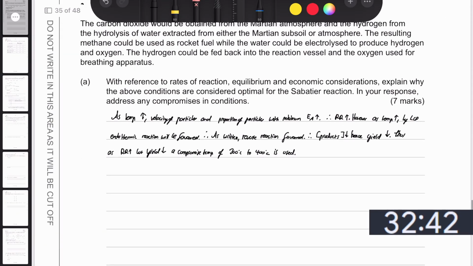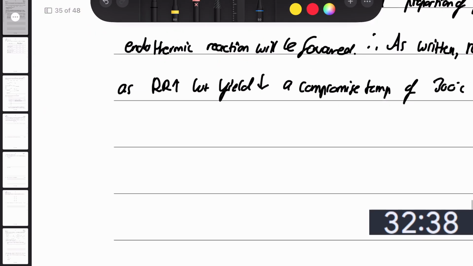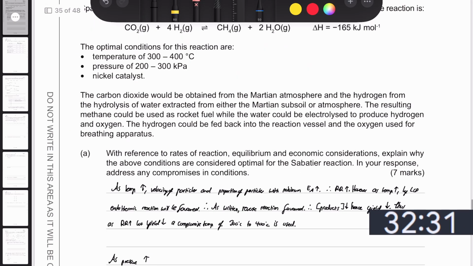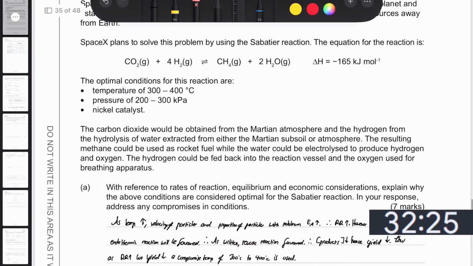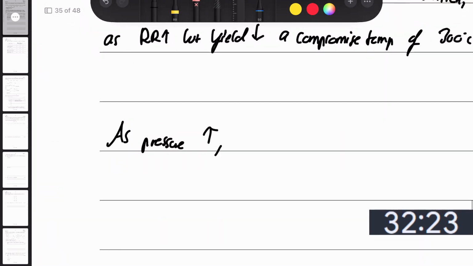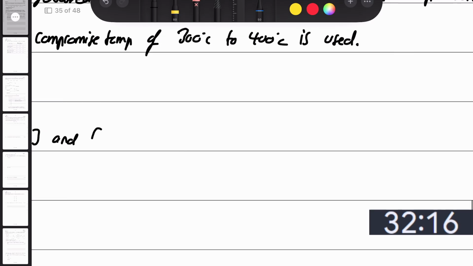Where was I? Compromise temp is used. And then we'll say as pressure increase, rate of reaction will increase. So as pressure increase, concentration of products and reactants increase.